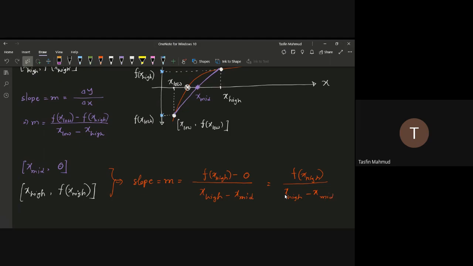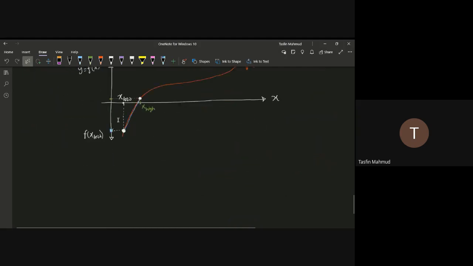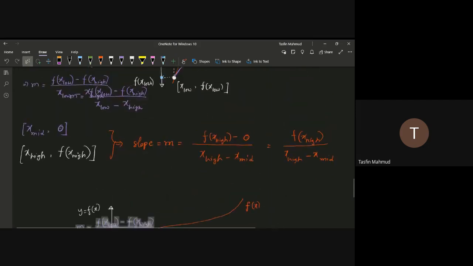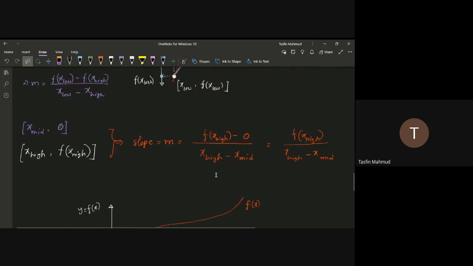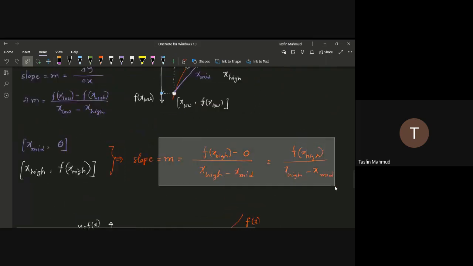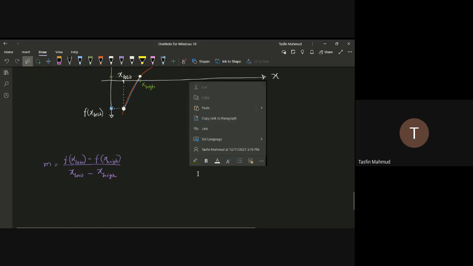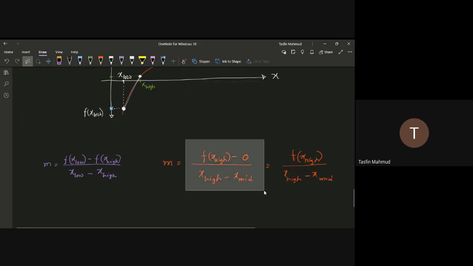Okay, so let's equate these two by inverting each other. I'm going to copy this portion. So this is one calculated slope value and this was the other calculated slope value, right? So we actually equated them.